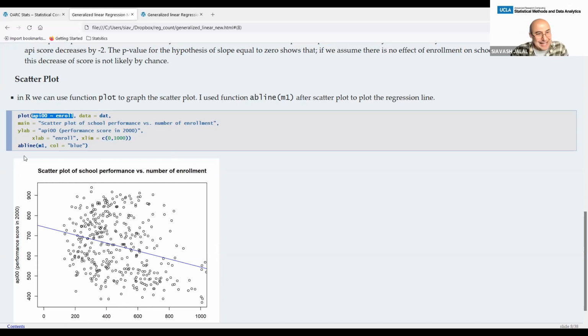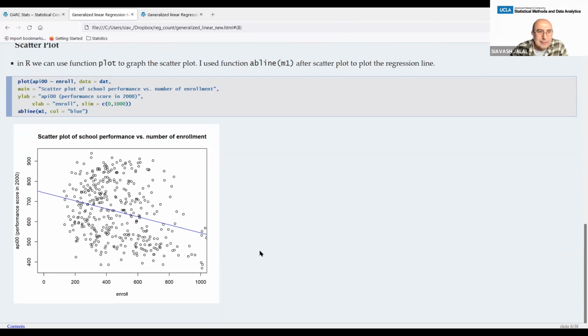As you see here, and then abline model, which I made blue, is the estimated linear regression line that we think fits the data best as a linear function, right? And you see the slope is negative, it goes down, right? So that's it, that's a linear model.